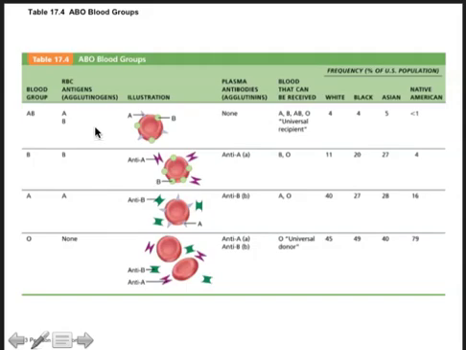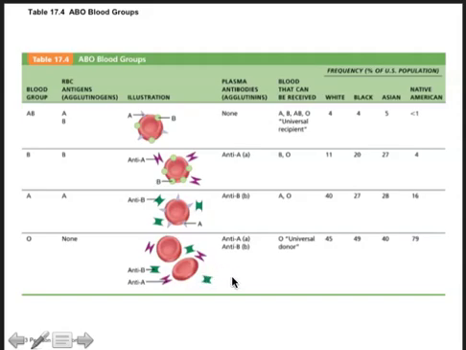But if an individual is type O, they're going to have in their plasma both the anti-B and anti-A antibodies. So if we attempted to give a type O individual either A, B, or AB blood, those incoming antigens would react with the antibodies in the serum of the person with type O blood, and an agglutination reaction would result, and the patient could die.